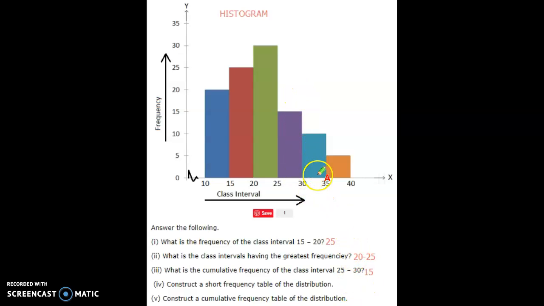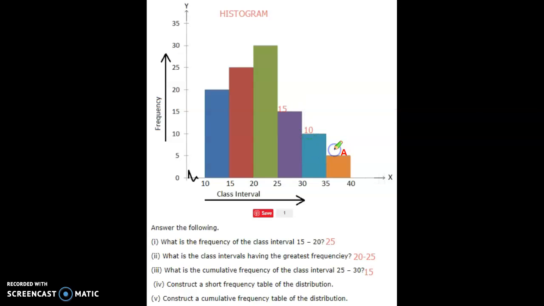Sometimes they might ask you what would be the frequency maybe between 25 and 40, for instance. So if they asked what would be the frequency between 25 and 40, you'd have to add all the columns up, which this one, the column was 15. This one, the column would be 10.